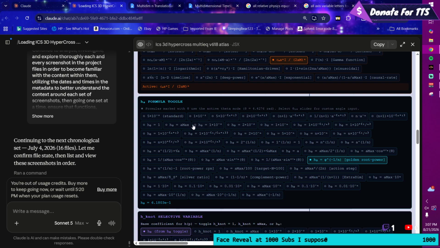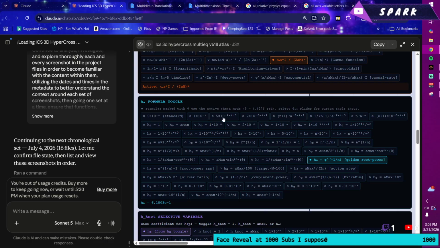It's weird. I could have H naught just be relative to A max, and then it's just going to cancel, and I'm going to have the pure 1 over relationship, which I don't want to do that, but then again, I feel like that kind of makes sense.